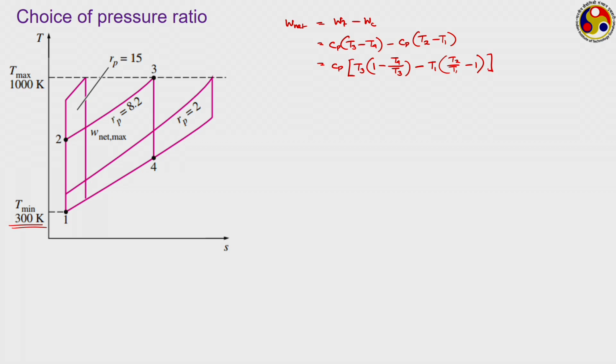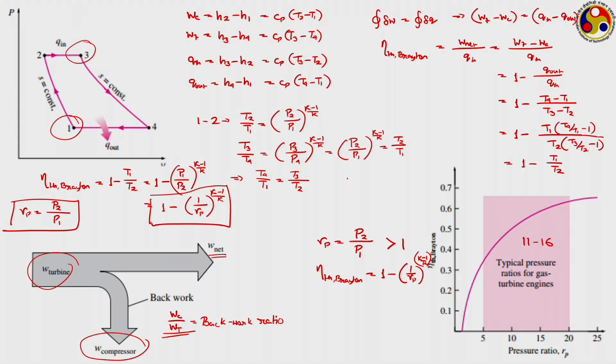Now, I would like to take you back to the previous slide again. Look at the expressions developed there. T2 upon T1 is P2 upon P1 to the power k minus 1 by k, that is Rp to the power k minus 1 by k. Similarly, T3 upon T4 is also equal to Rp to the power k minus 1 by k.